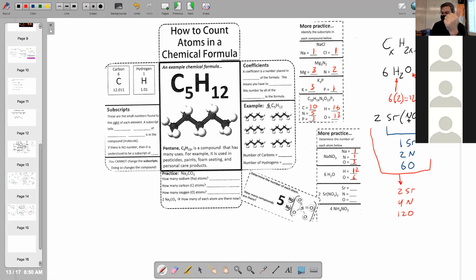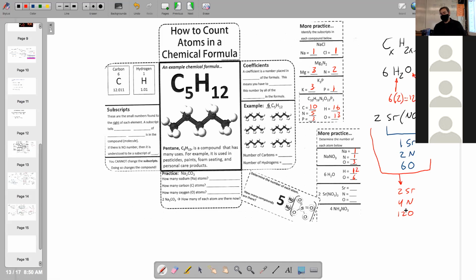The coefficient is 2, the subscript is 1, and outside the parenthesis there's a 2. So it's 2 times 1 times 2, which gives you 4. For the oxygen, there's a 2 for the coefficient, a 3 for the subscript, and the 2 outside the parenthesis. So it's 2 times 3 times 2.